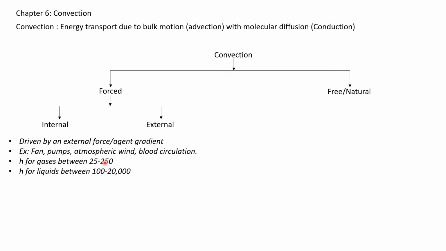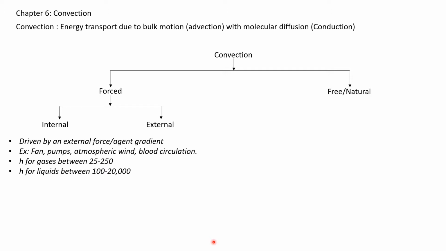For forced convection, it's usually driven by an external force or agent, and usually there is a pressure gradient. For example, a fan or a pump creating that gradient, or imparting some force on the fluid, will cause the fluid to move and transfer heat through convection.